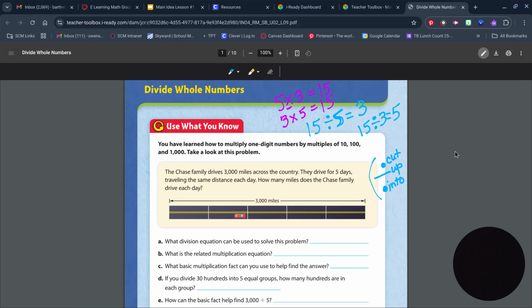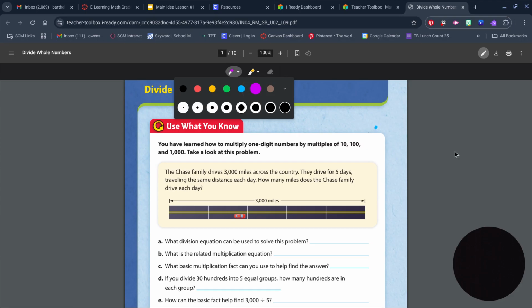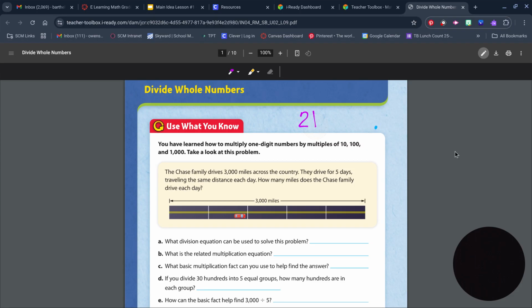They're fact families. So if you're trying to figure out, let me erase this, give myself a little room here. If you're trying to figure out, let's say, 21 divided by 3 equals what? It's just a backwards multiplication problem.